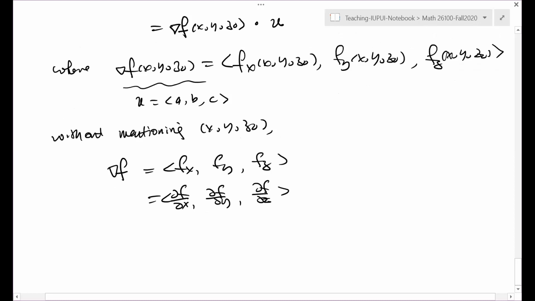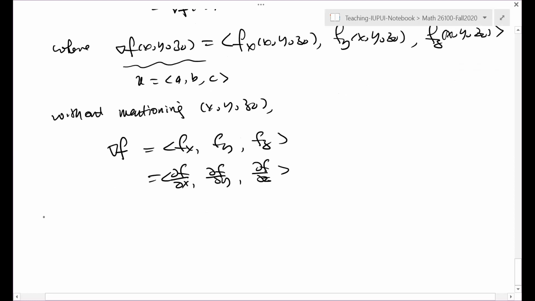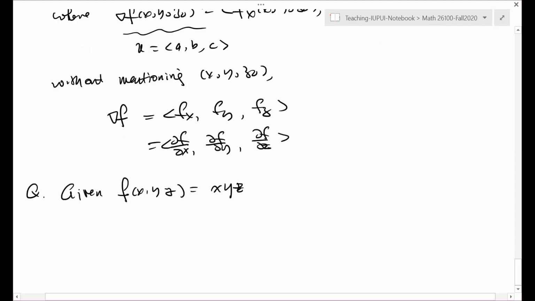So let's find the gradient for the following function. Given f(x, y, z) = xyz, just the product of those three variables, find the gradient of the function. This is a vector, actually.